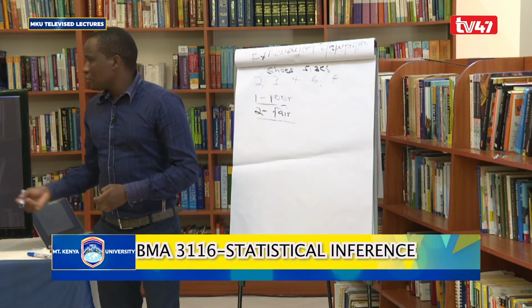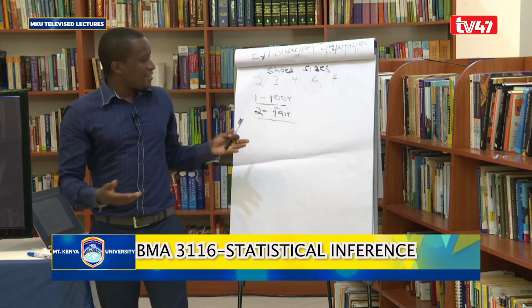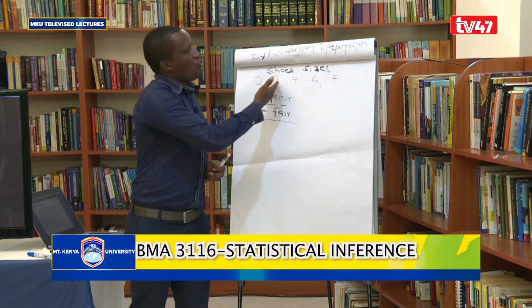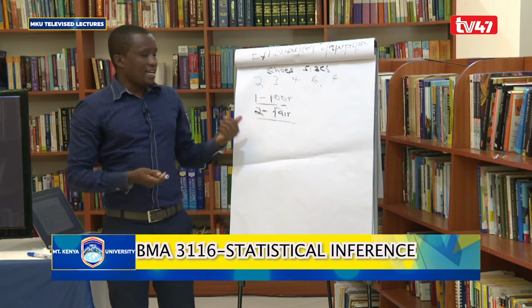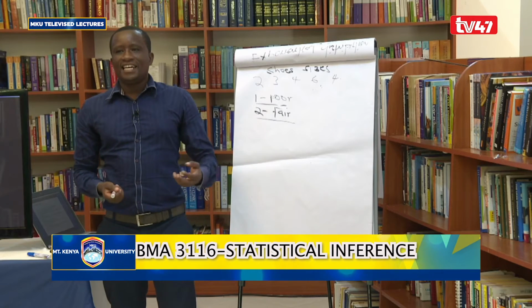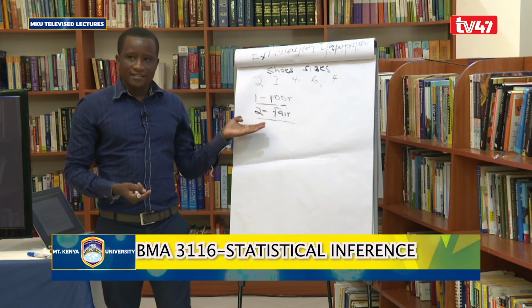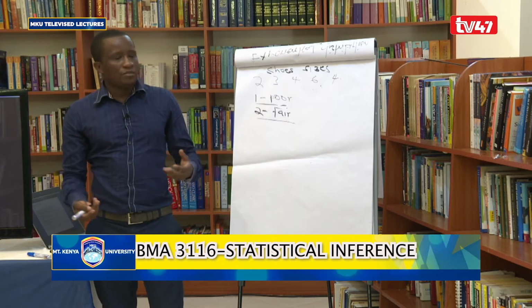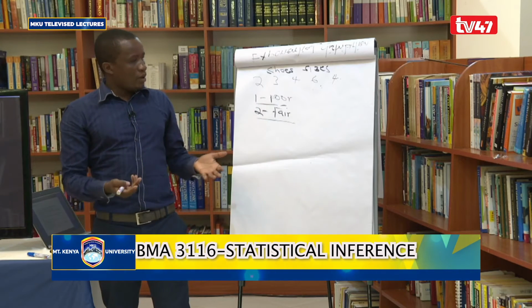When it comes to quantitative data, it's data that is just listed. This is quantitative data, this is qualitative data, such that when we are analyzing and we get 2, it would automatically tell us that on average, a certain person performed fairly. If we get 1, then we can assume that a certain experiment performed poorly.